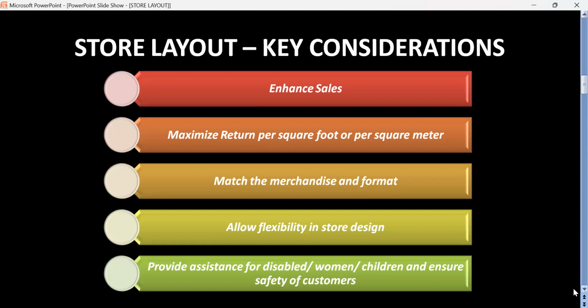You should arrange racks so that a wheelchair can move freely. So you should make arrangements for disabled people, women, and children.